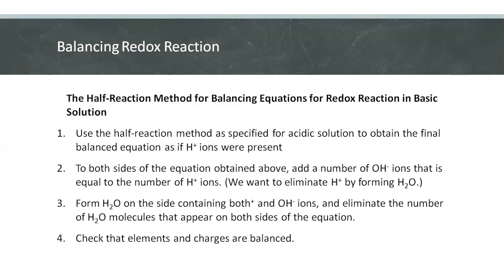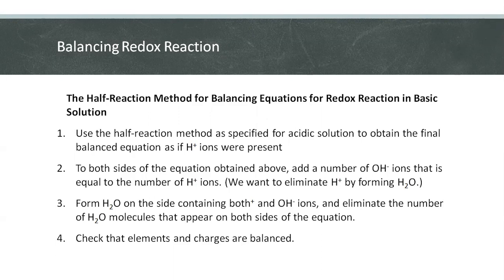Generally, in balancing a redox reaction in basic solution, we have to do all the steps in acidic solution. Then in the final balanced equation, the H plus ions are present. That's why it's acidic.